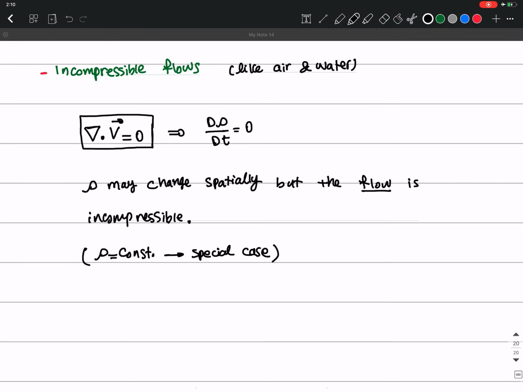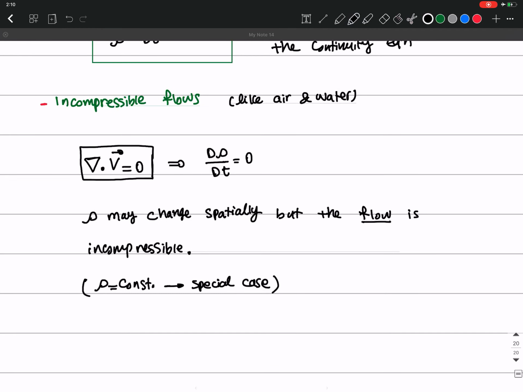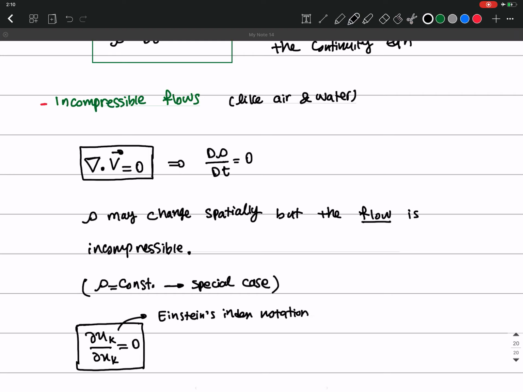Also, there is another way to show this divergence. We can show it using Einstein's index. So we can show it as partial uk over partial xk equals 0. This is an alternate form of showing incompressible flows. This is what we call Einstein's index notation. It's just a simplification of this type of approach where we have these grads.